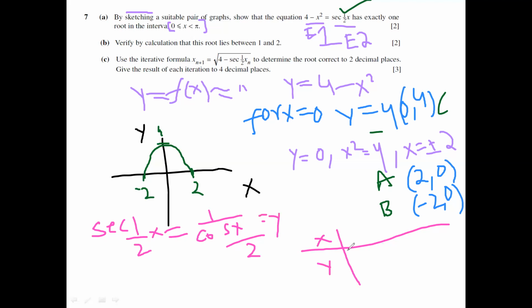For any value of x, we will find the value of y, for x equal to 0, 1, 2. This will give us 3 points.